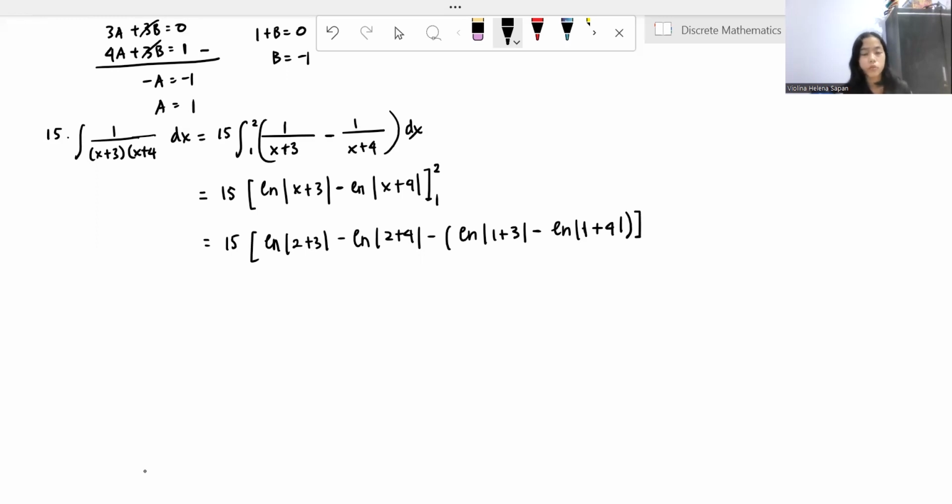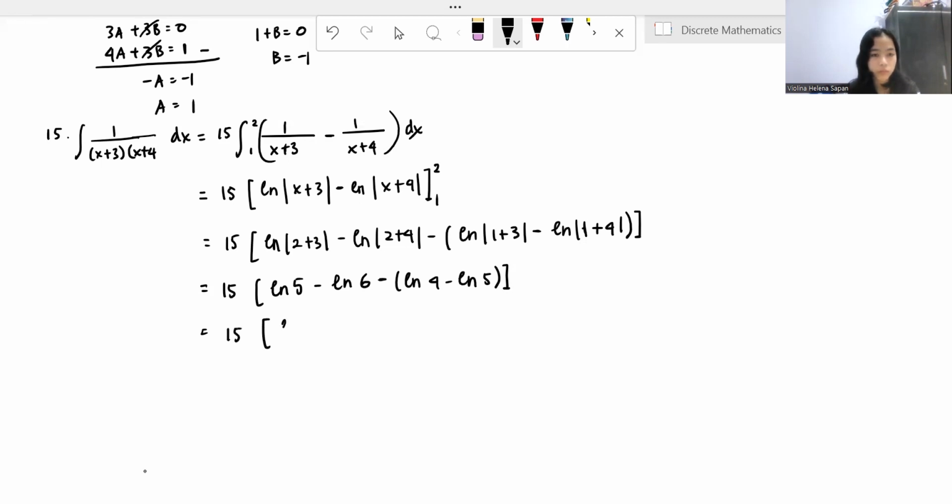After we plug in the 2 and the 1, we can calculate this equation, and we'll get this. According to the logarithm rules, if we subtract the natural logarithm of 6 from the natural logarithm of 5, subtraction becomes a division between 5 and 6, so 5 divided by 6. So it will become this. We'll get this equation.